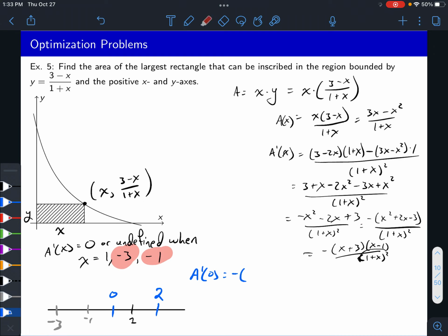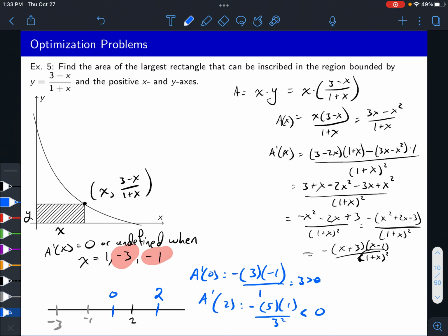So this is our formula for a prime, right? So negative (0 plus 3) times (0 minus 1) all over 1 squared. So this is equal to +3. And then a prime of 2 is equal to -5 times 1 over 3 squared. And this is negative.